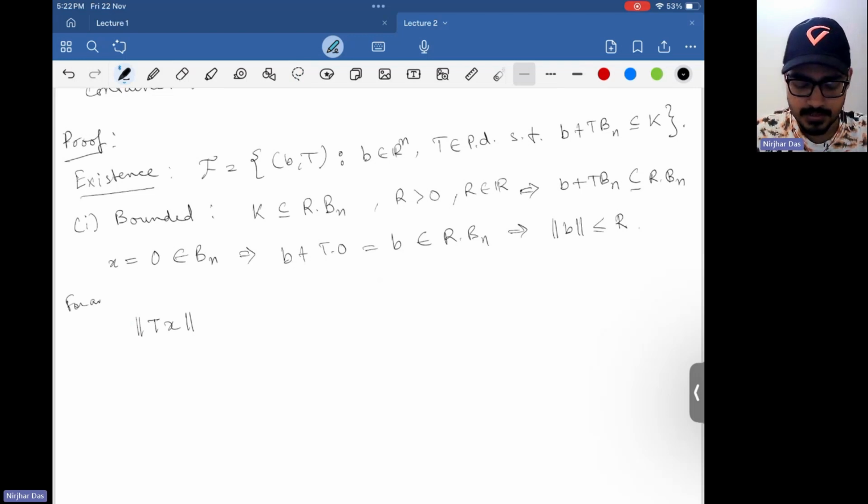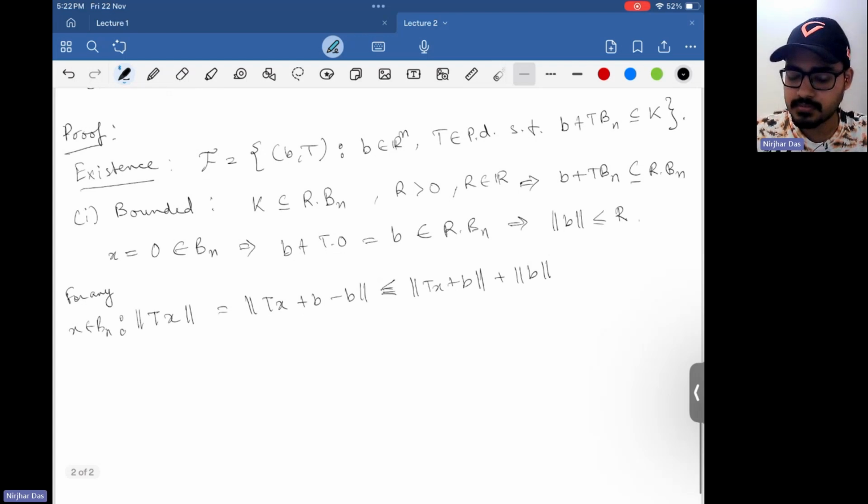For any x belonging to Bn, we have T(x) is nothing but T(x) plus b minus b, which is less than or equal to, by triangle inequality, norm of T(x) plus b plus norm of b. Now T(x) plus b is basically an element of the ellipsoid, and we know that it is bounded.